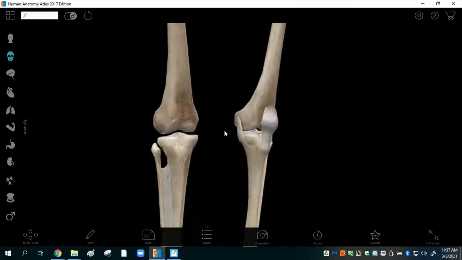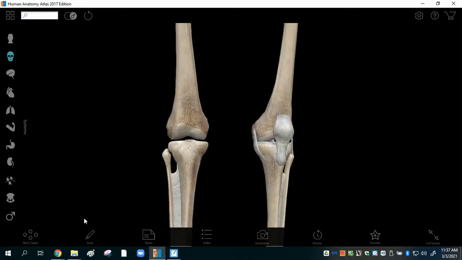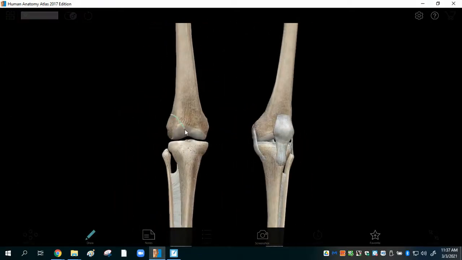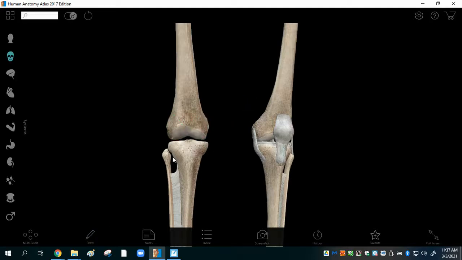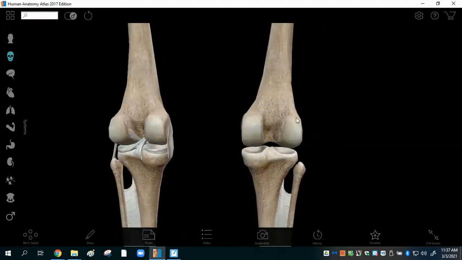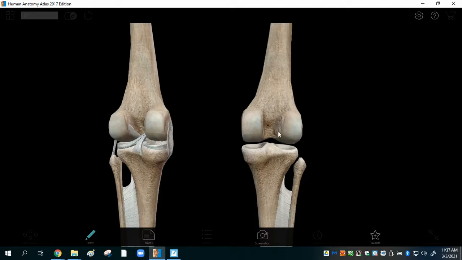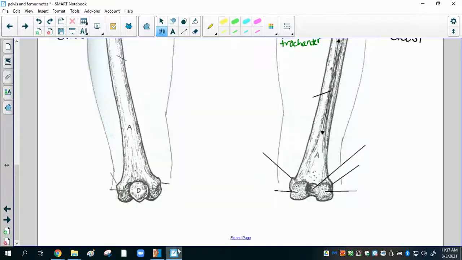Those are condyles. And so essentially, the end of the bone is divided into two condyles. Okay, those are the large bumps. It's often easier to point at them on the posterior surface because there is such a significant cutout here. So this is the condyle here and here. And then we can go ahead and associate a medial and a lateral with each one of those.